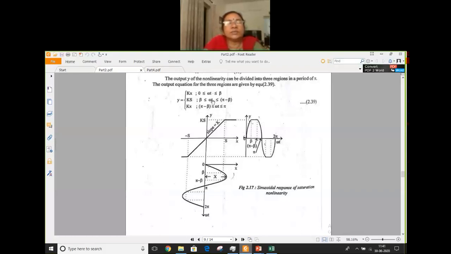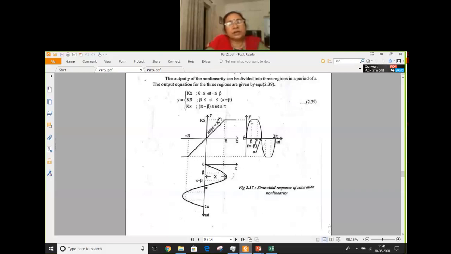When omega t lies between beta and pi minus beta, the output is ks. And from pi minus beta to pi, it is again kx. Got it? The input you are giving is the sinusoidal one.